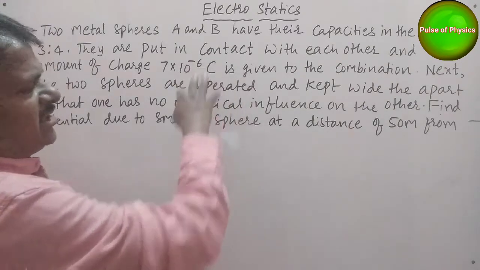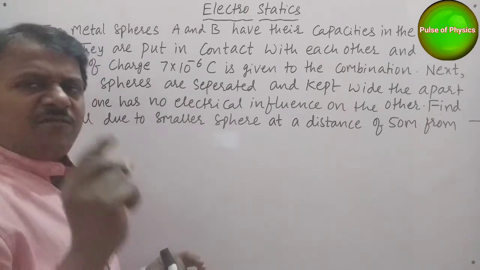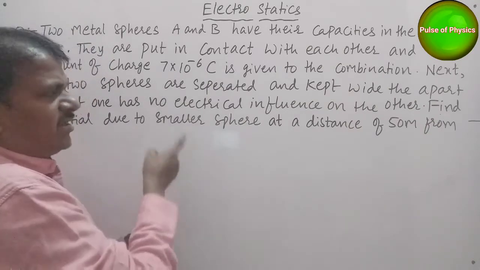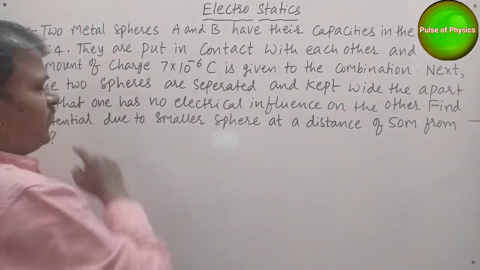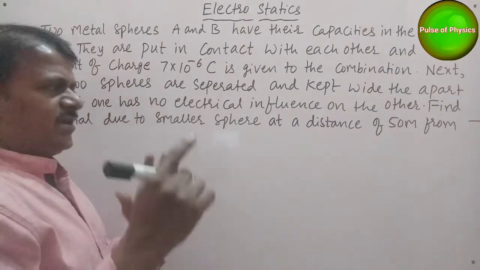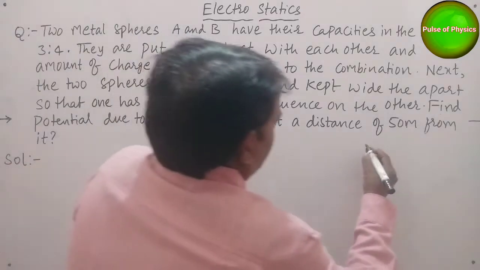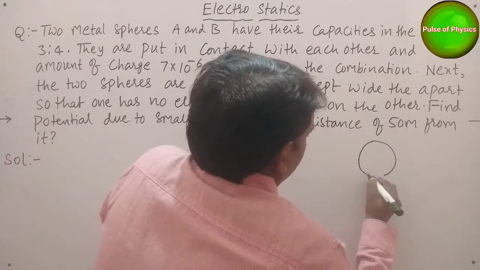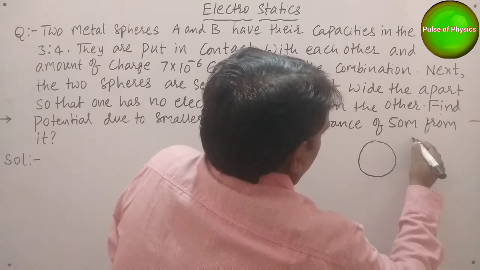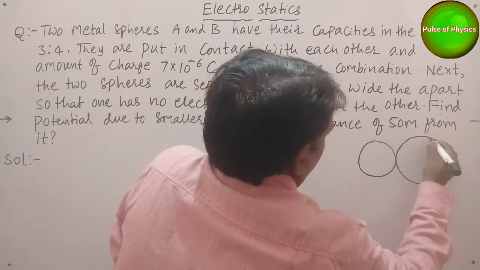The charge is distributed between the two spheres. What is the charge present on the first sphere? From that 50 meter distance, we have to find the potential. Let us see. Draw the diagram. Smaller sphere, larger sphere.